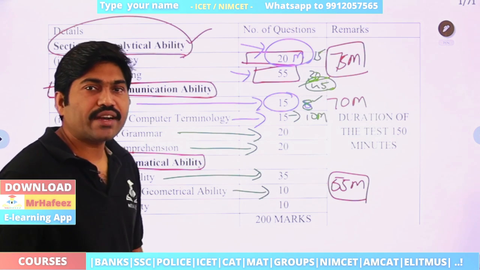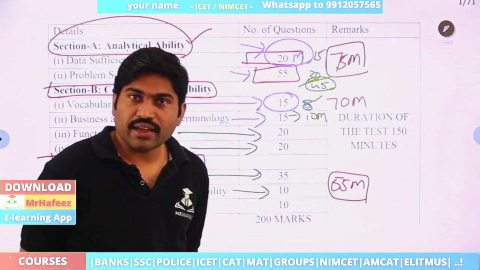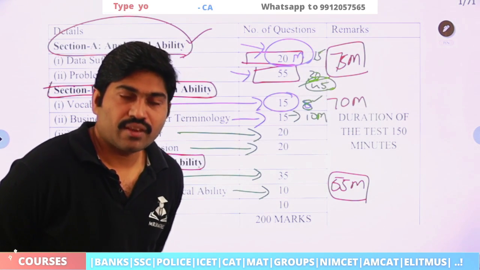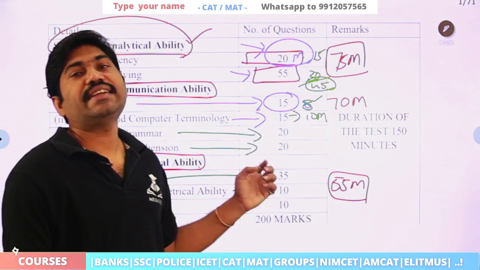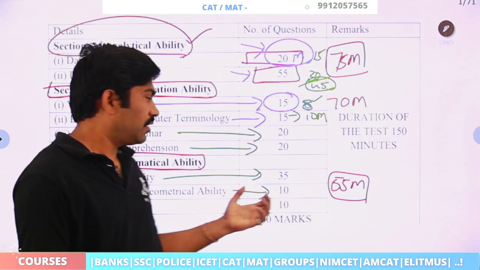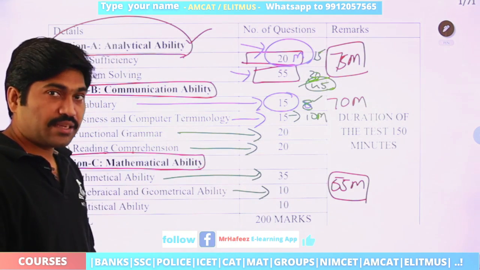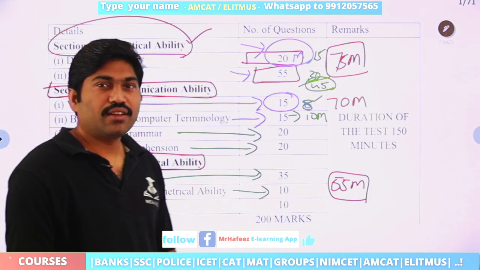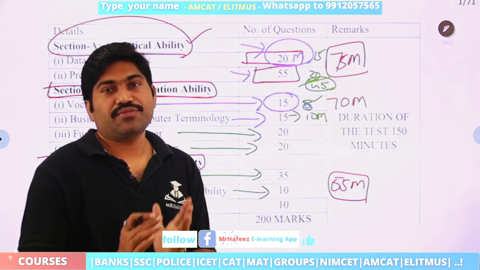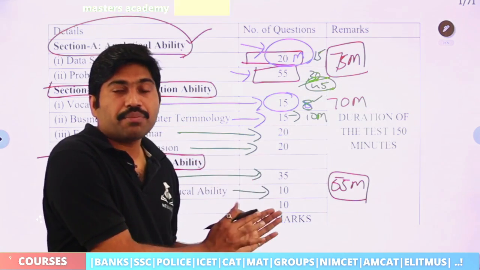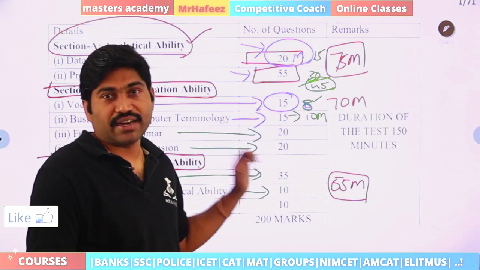And next, algebraic and geometrical ability. The students who are from a mathematical background feel very happy, but here only 10 questions are coming from geometrical ability and algebraic. So now the non-maths students can be very happy because only 10 questions are coming from that, right?